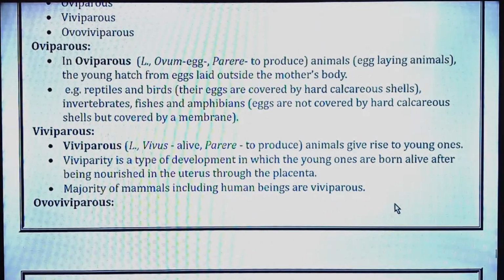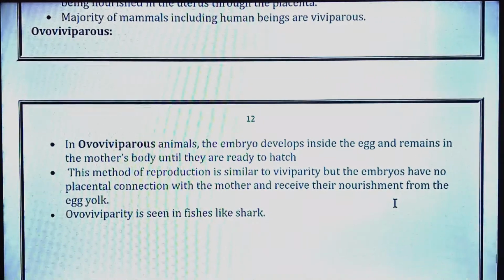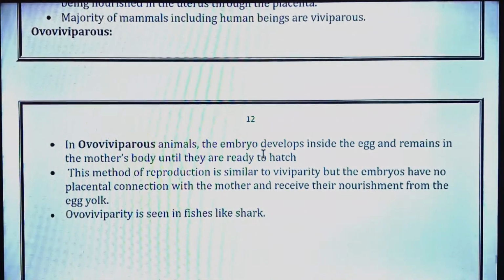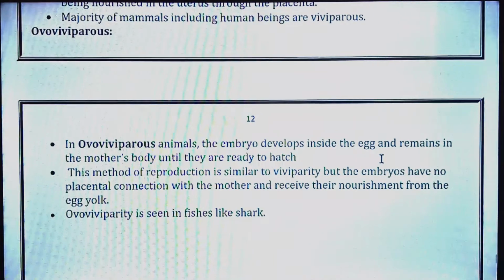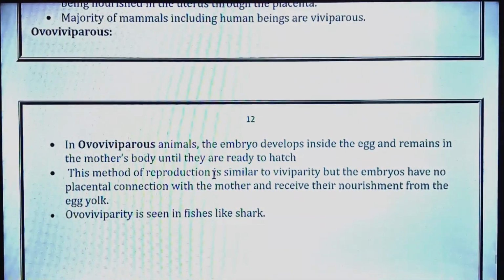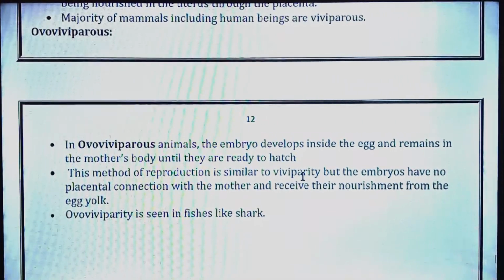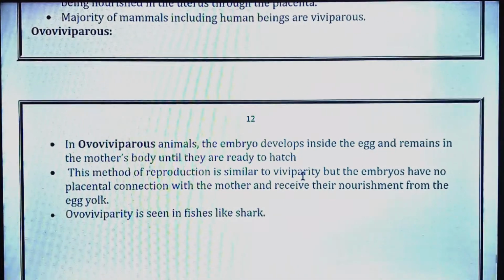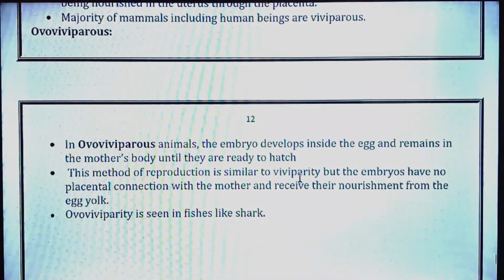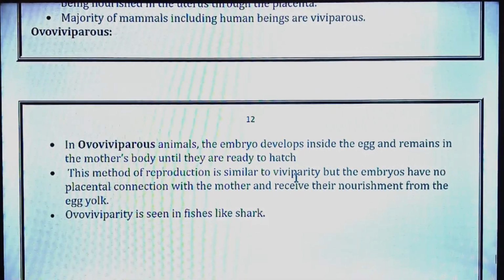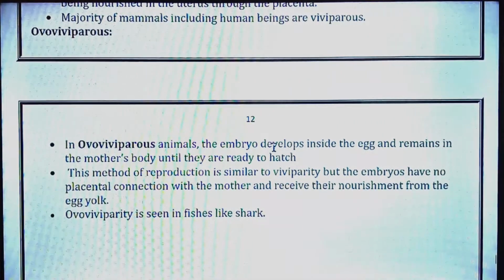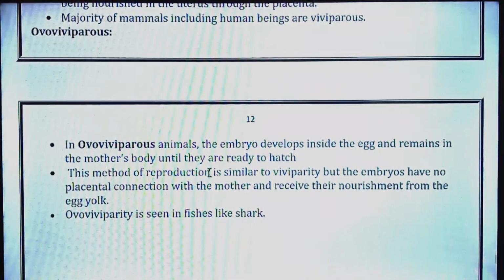The third type is called ovoviviparity. In ovoviviparous animals, the embryo develops inside the egg, which remains inside the mother's body until they are ready to hatch. That means there is no connection between the mother's body and the embryo through a placental cord. The embryo will be getting their food for the development from the egg yolk only.